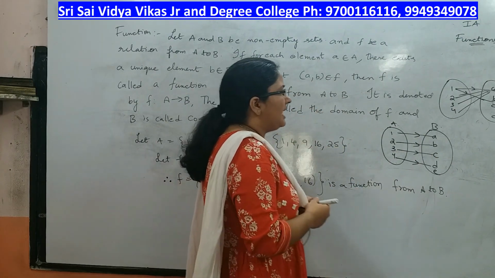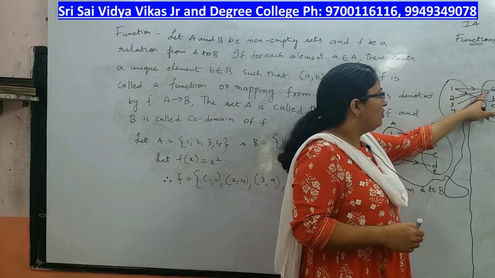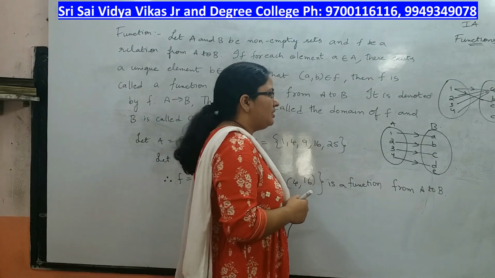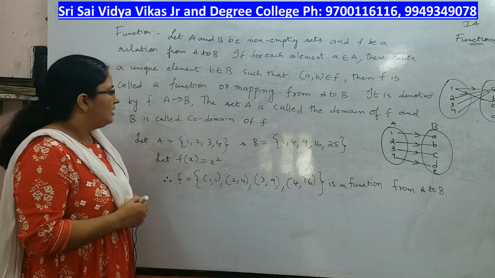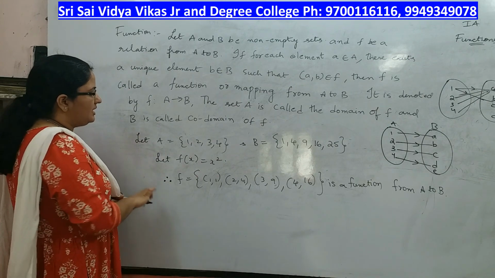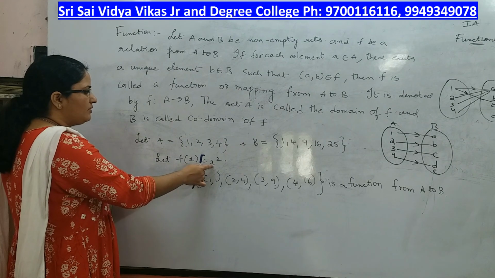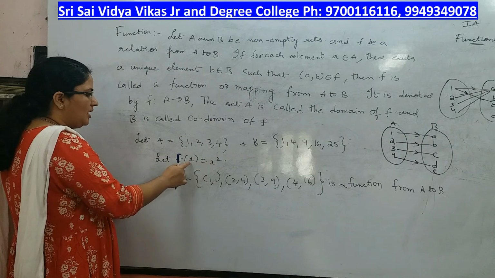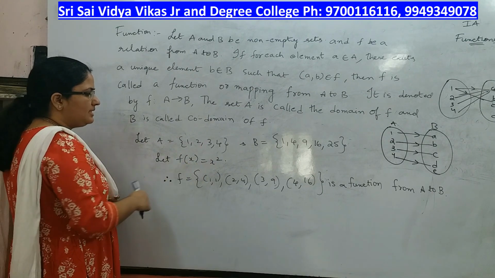Two elements can have the same image, but one element cannot have two different images. So that is said to be a function. Let us consider a relation f of x is equal to x square. Put 1 here, you will get 1, put 2 here, you will get 4, put 3 here, you will get 9, put 4 here, you will get 16.